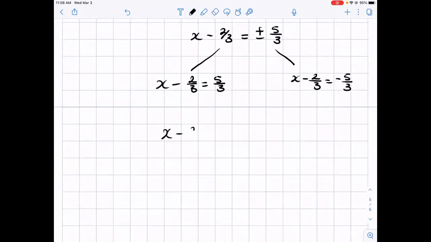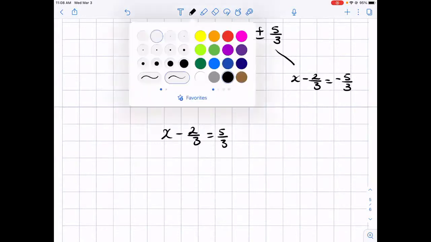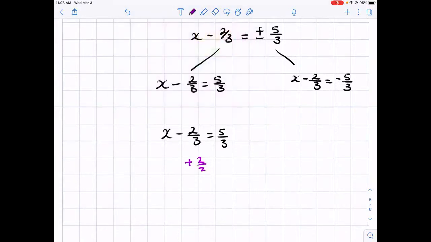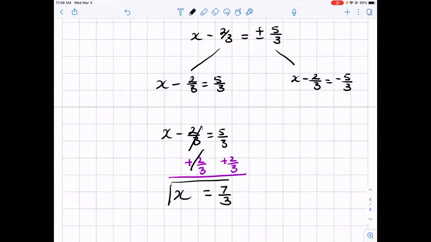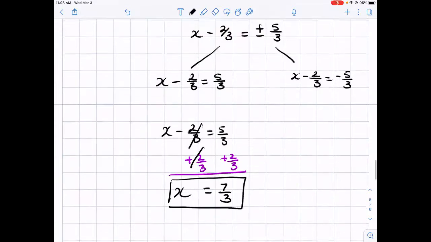So if we take x minus 2/3 equal 5/3, and we add 2/3 to both sides, then we have x, this will cancel out with that, and since both denominators are the same, this becomes 7/3. So here we have an answer. The same thing we'll do here, x minus 2/3 is equal to minus 5/3.